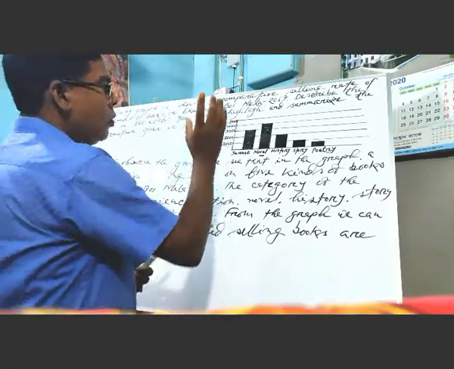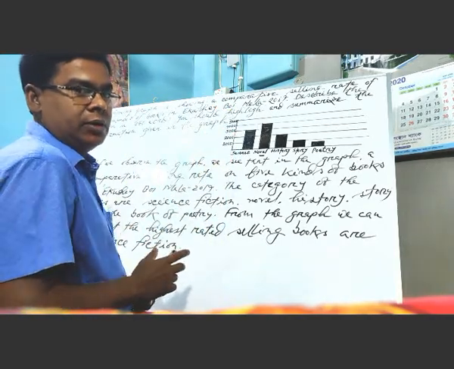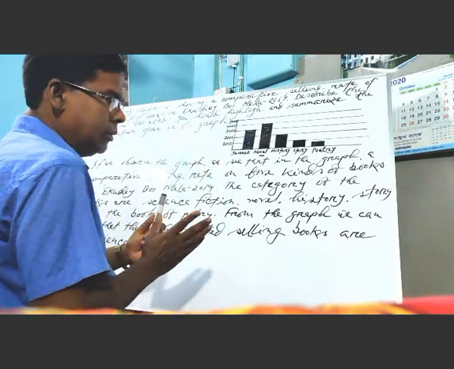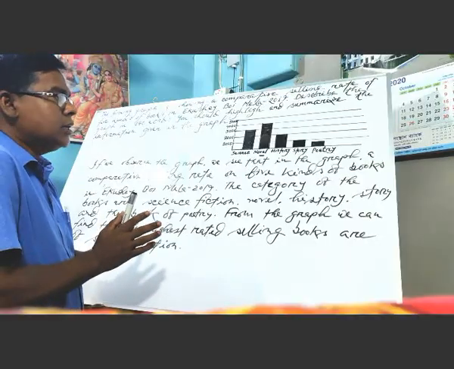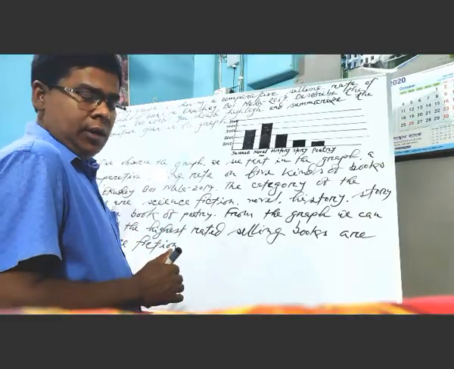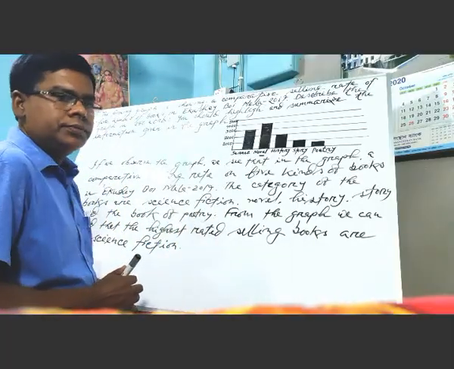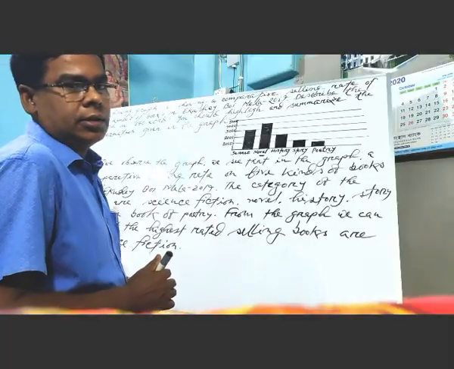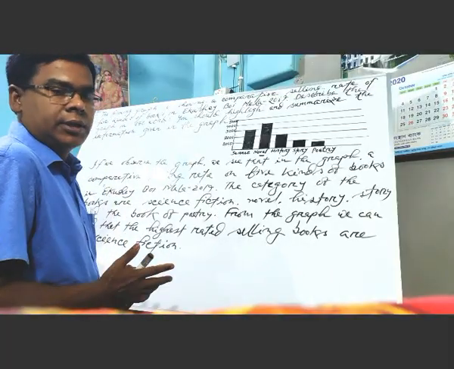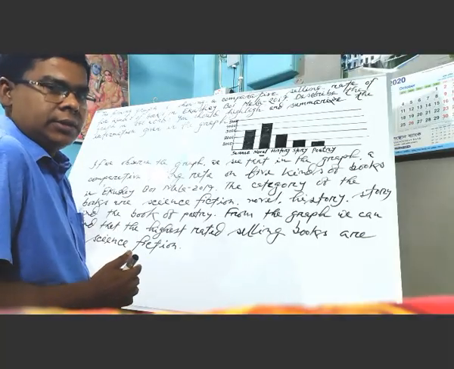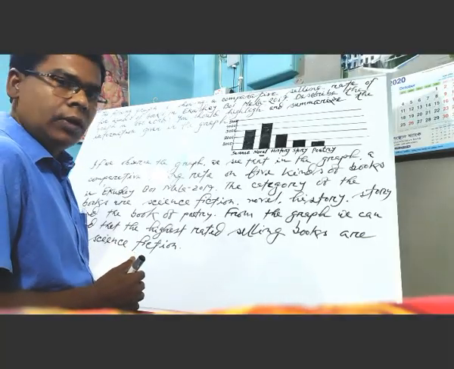After describing one column or one information or one data, then when you will go or start from the next column, then you will write next, then, after that. This kind of connector you should add there. Okay, students?